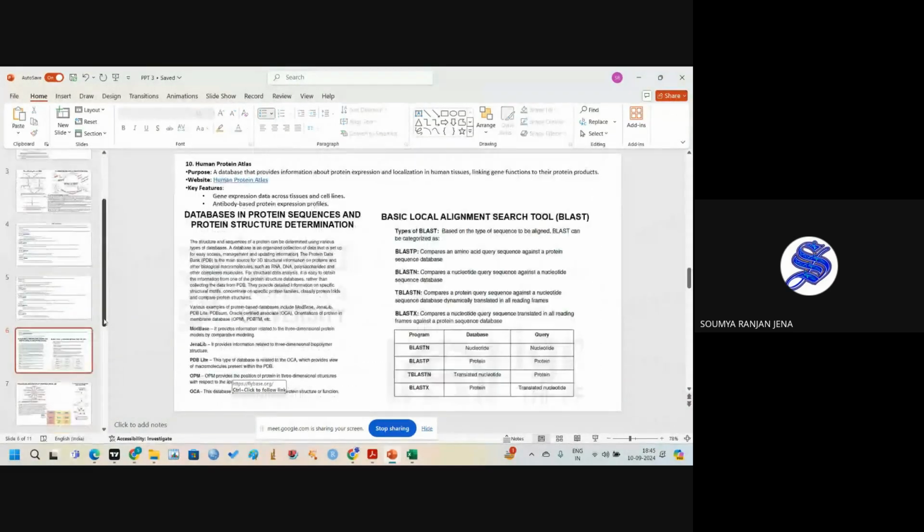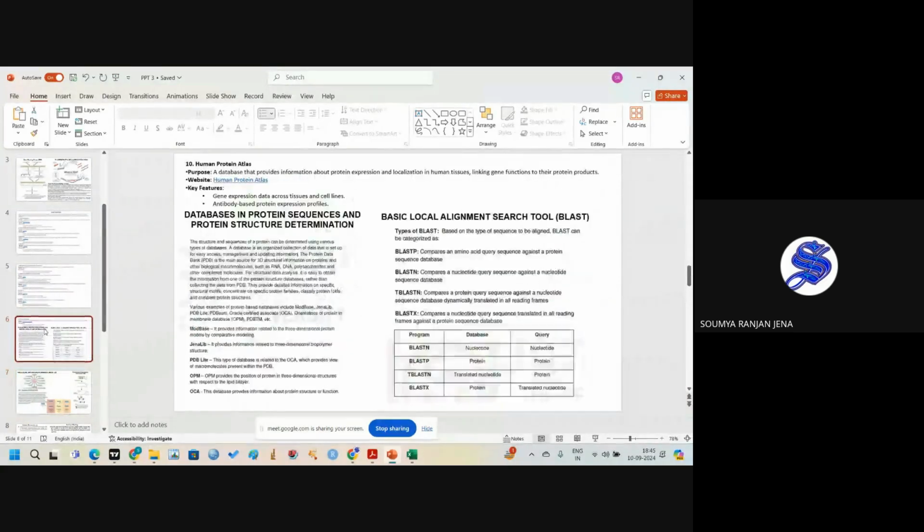different functional databases. Then the last one is the Human Protein Atlas, a database that provides information about protein expression and localization in human tissues, linking gene function to their protein products. And the website is here, Human Protein Atlas.